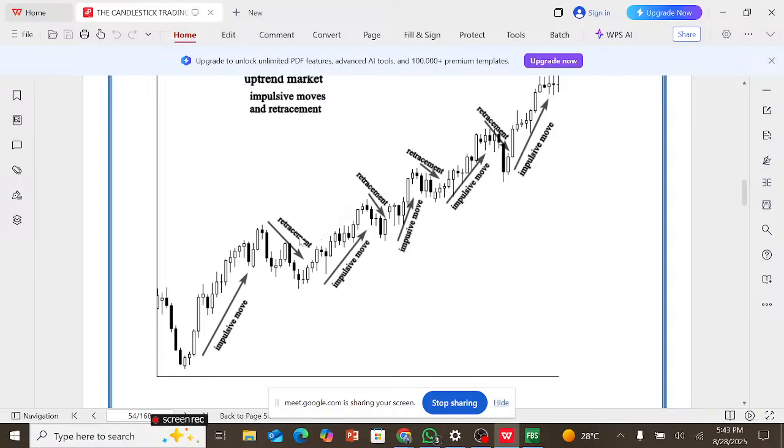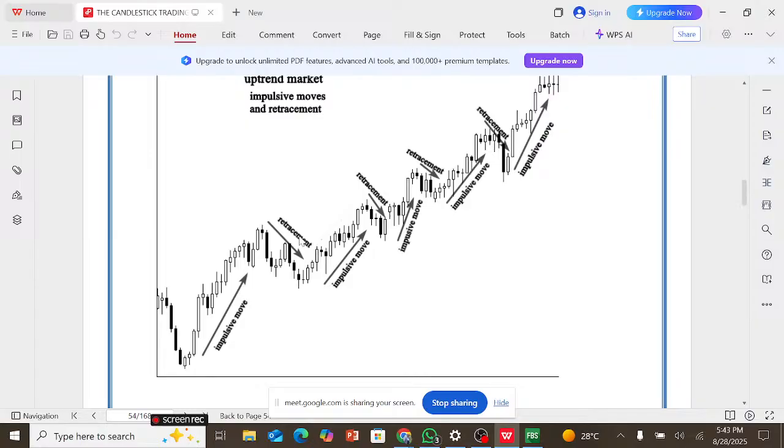A retracement is like a market pullback, because the market cannot go up straight. What the market will always do is make an impulsive move, then stop at the top and make a retracement a bit, then continue to go up. The market does not go up straight.